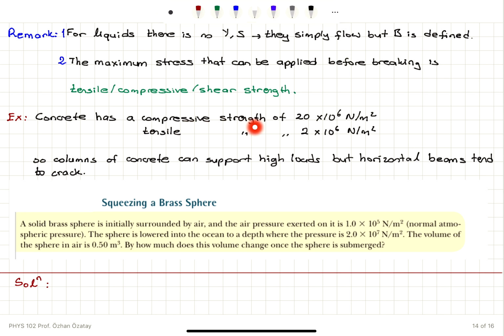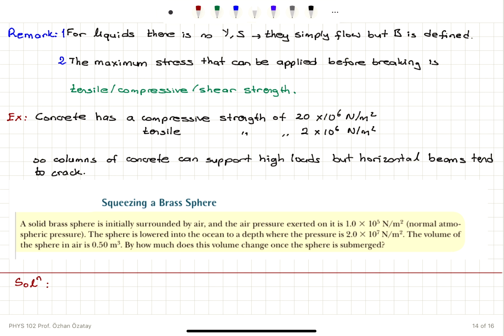A good example is concrete. Concrete has a compressive strength of 20 times 10 to 6 newtons per meter square. It has a tensile strength of 2 times 10 to 6 newtons per meter square. So it is basically more difficult to break concrete when we apply compressive stress.